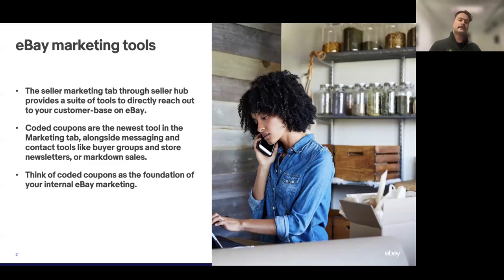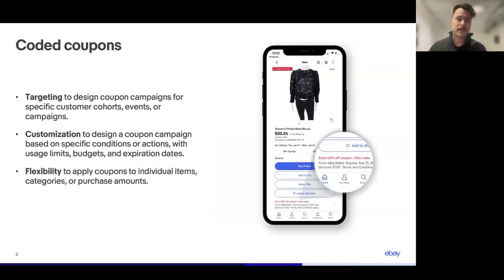And then you also have things like buyer groups, designing groups to connect directly with coupon codes, etc., based on how recently they last purchased from you, whether they were a repeat buyer, etc. Those are all the means of contacting, and then we have the meat that you're contacting them with, which are those markdown sales or our coded coupons. Those are really the foundation of that internal marketing tool when we talk about the seller marketing engine.